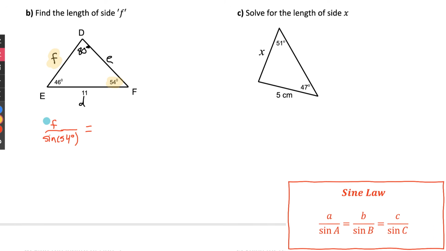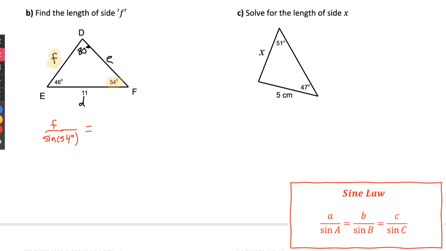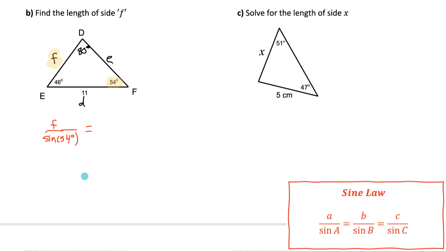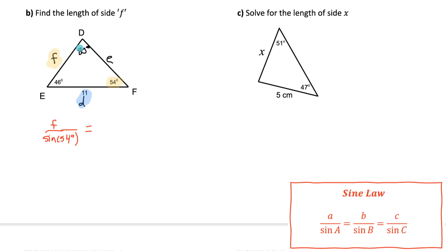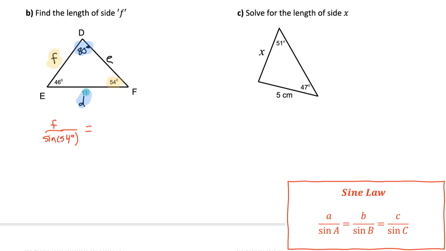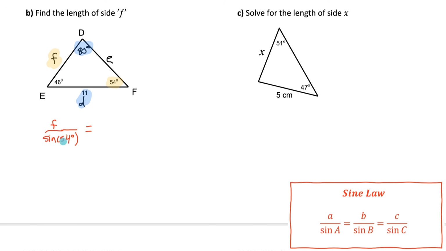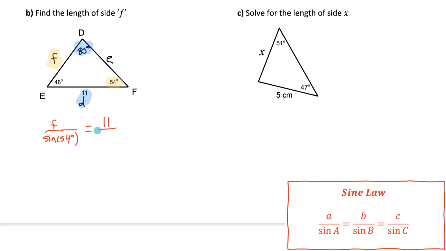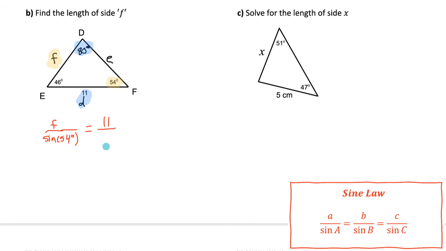Since my unknown is side F, the other ratio I make, I can't have any unknowns in it. So I need to use the other ratio where I know both pieces of information. I know side D and angle D, so I'll use that ratio. So side D over sine D will be equal to the ratio of F over sine F. And D is 11, and angle D is 80, so 11 over sine 80.